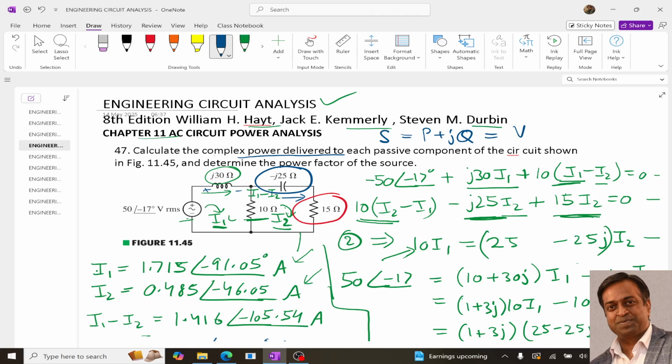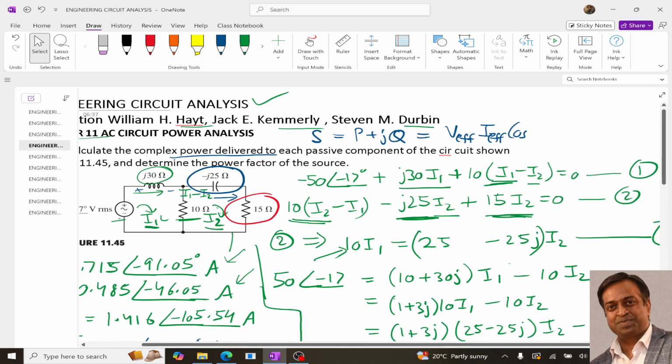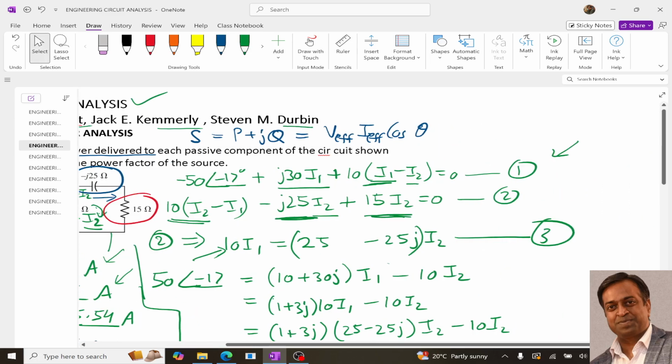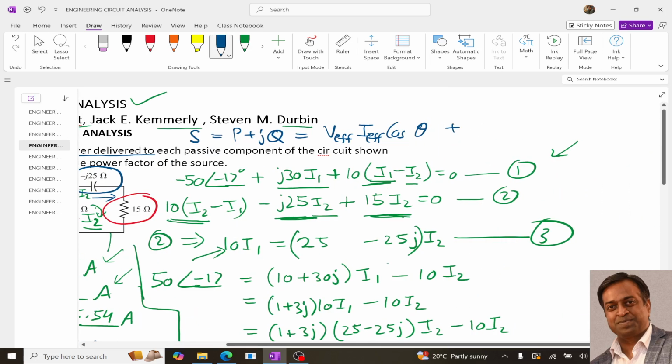P is V effective, which means Vrms, times I rms or I effective, into cos theta, which is the power factor or the phase difference between the voltage and the current, plus V effective I effective sin theta, right?